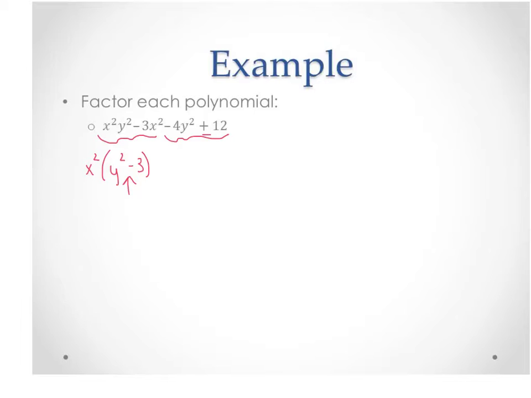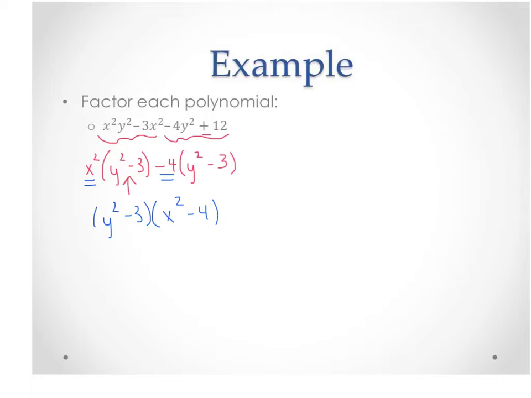So I'm going to pull out a negative 4, which turns the y squared positive, and then minus 3, because if I distribute that negative 4, I get a negative y squared and a positive 12. And then notice that they both share a y squared minus 3, so we're going to pull the y squared minus 3 to the front, and what we have left is x squared minus 4.